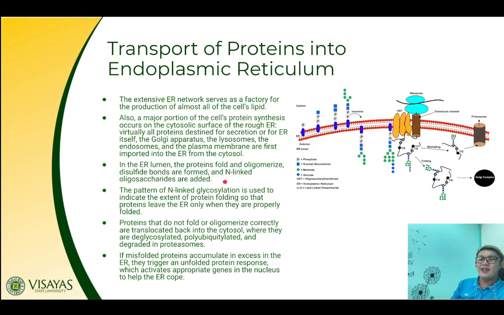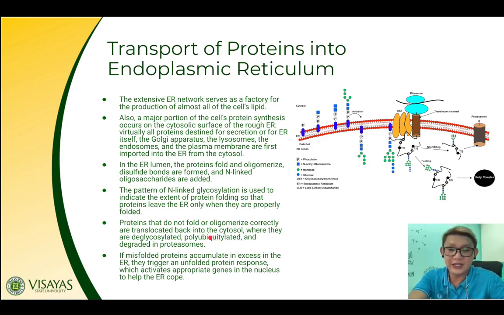The pattern of N-linked glycosylation is used to indicate the extent of protein folding, so that proteins leave the ER only when they are properly folded. So what happens if they are not properly folded? Those that do not fold or oligomerize correctly are translocated back into the cytosol where they are deglycosylated and polyubiquitinated, so that they could be degraded in the proteasomes.